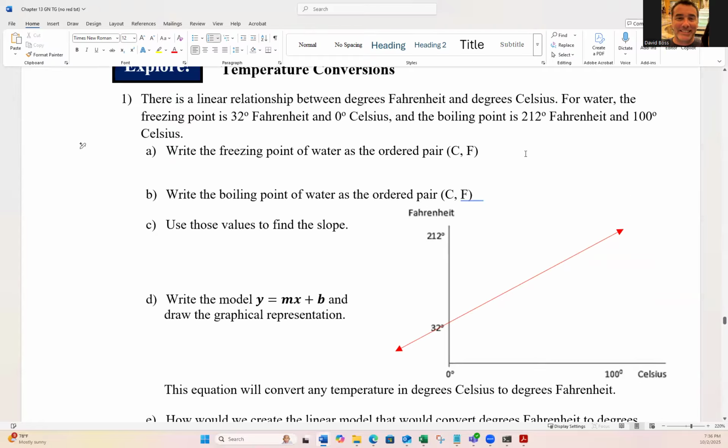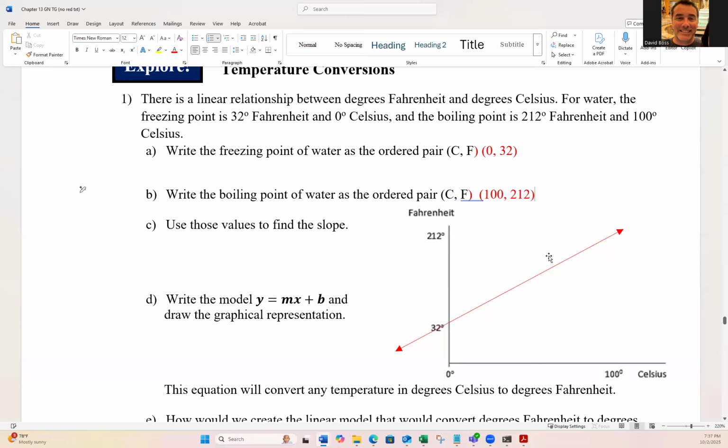All right, so write the freezing point of water as an ordered pair in Celsius to Fahrenheit. You're going to end up with 0 degrees Celsius equals 32 degrees Fahrenheit. Now the boiling point of water is 100 degrees Celsius and 212 degrees Fahrenheit.